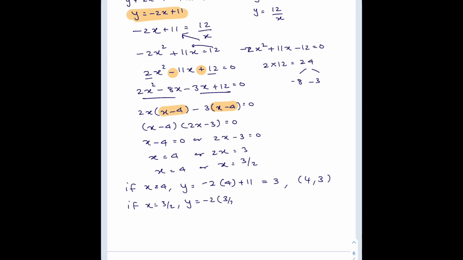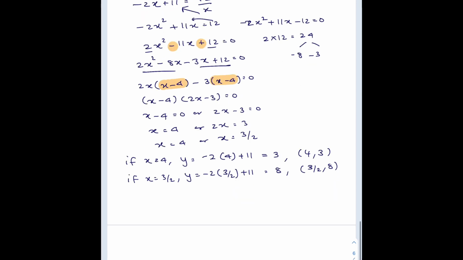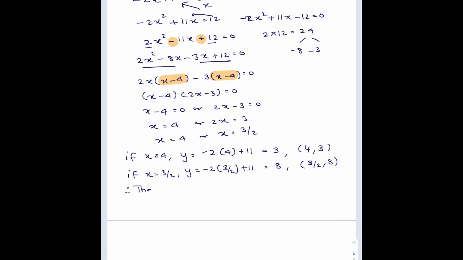If x is 3 over 2, y is negative 2 times 3 over 2 plus 11, so that's 11 minus 3, which is 8. So the other point is (3 over 2, 8).